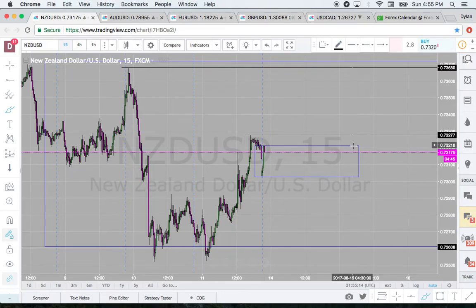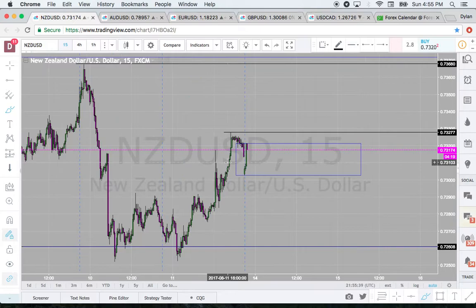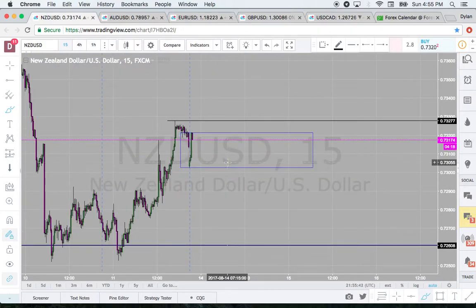So if I see a piece of structure that I don't like, say a high was created here, and for the past 2 or 3 days this high has been respected and not broken, I'm not going to continue going long. I'm going to look to short at my next opportunity. So it's always good to have that flexible bias.